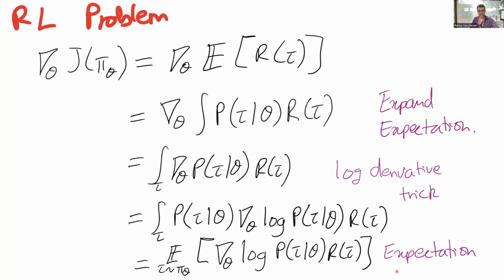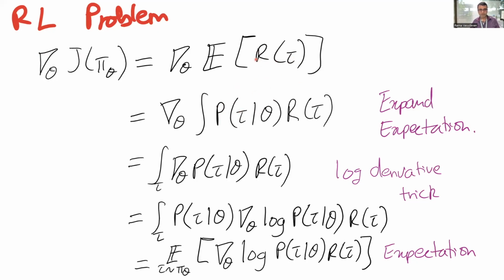Now let's expand this out a little bit. Right now we want to find the gradient of this objective function J with respect to theta. So we can write the gradient with respect to the policy parameters theta of this expectation, and then just expand the expectation. As I mentioned before, the expectation is just the probability of finding these trajectories tau.